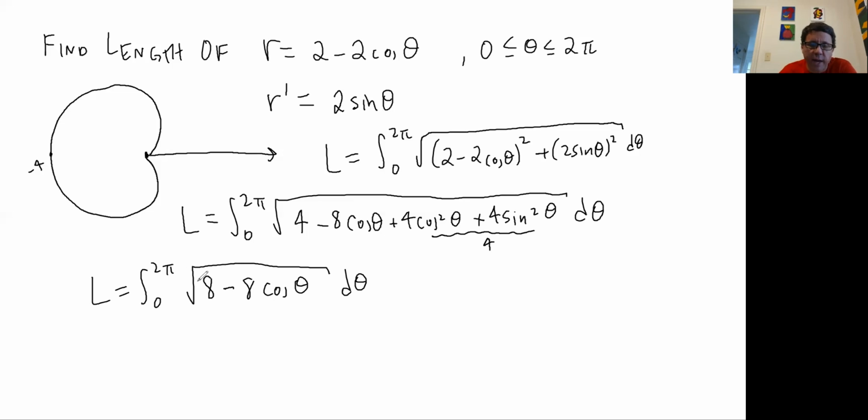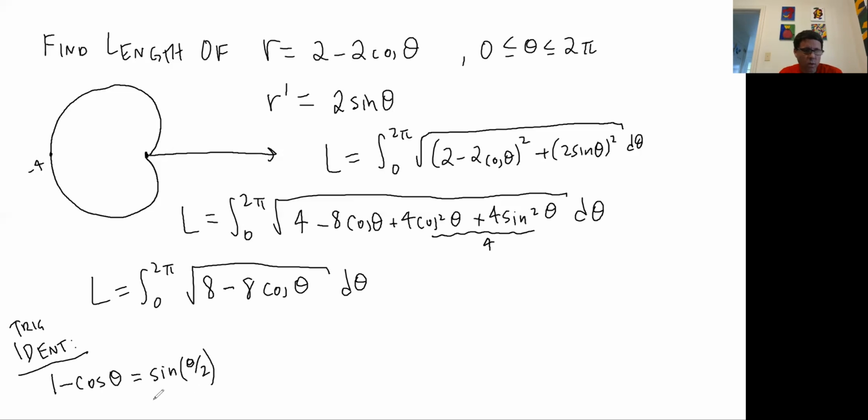So how do I do that? Well, maybe not too surprising, I need another trig identity. And this one is actually the half angle formula, which says that 1 minus cosine theta is equal to the sine of theta over 2 squared.